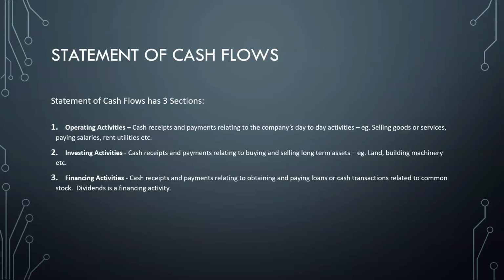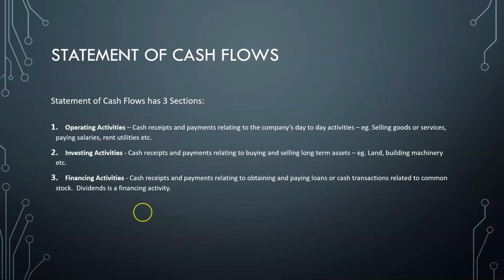Dividends, which are paid to the owners of the company, are also considered a financing activity. So depending on the type of transaction, if it's a cash transaction, you need to be able to determine whether it goes in the operating activities, investing activities, or financing activities of the statement of cash flows.